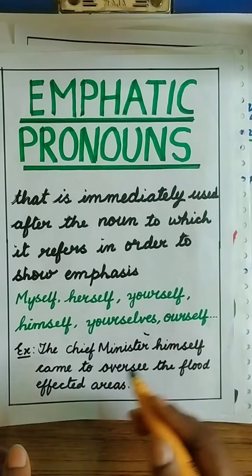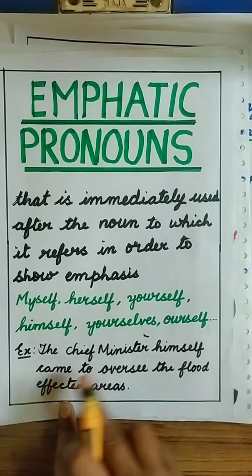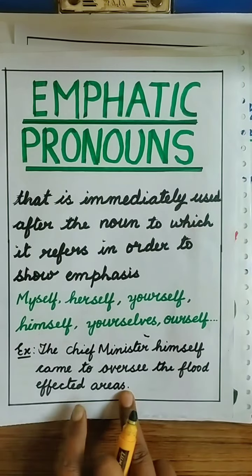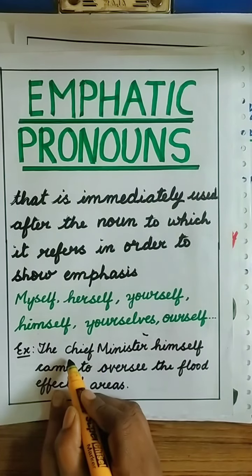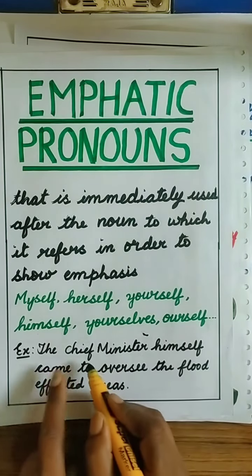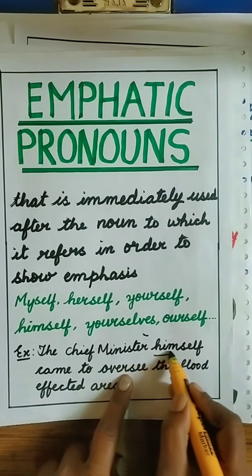I'll go with the example: the chief minister himself came to oversee the flood affected areas. So here, which word? Chief minister is the noun, and immediately after the chief minister, himself follows.